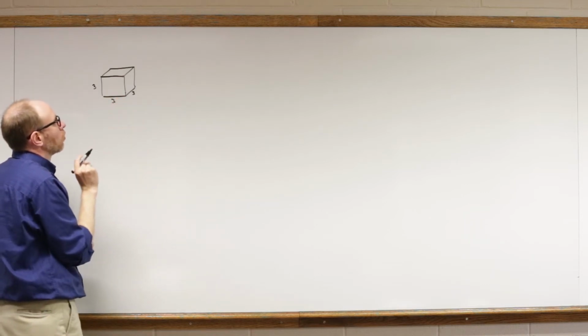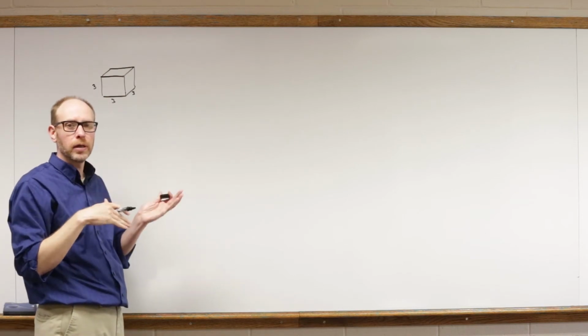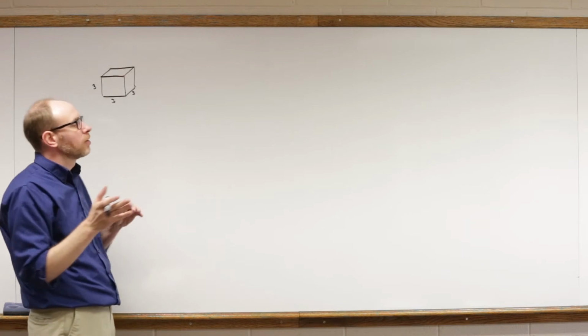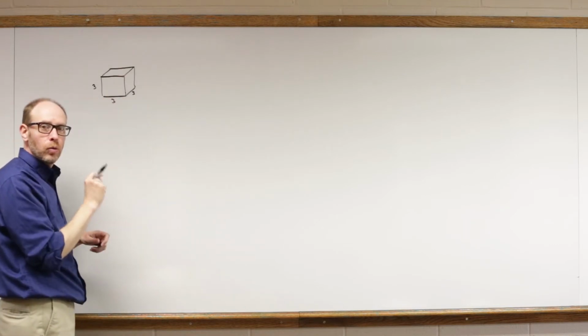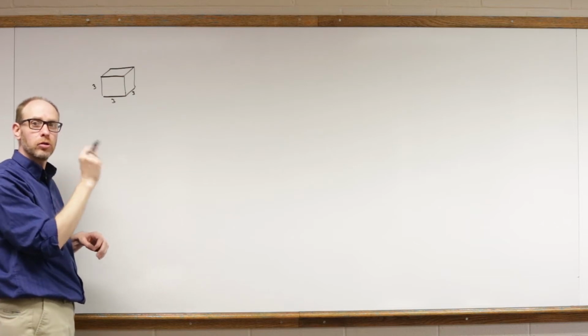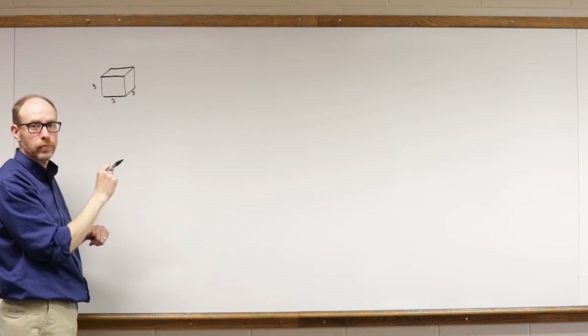So remember, density allows us to convert between volume and mass. If we knew what the volume of that cube would be, we could convert that volume to mass using the density of gold. Okay?